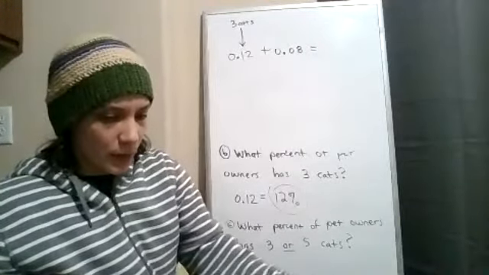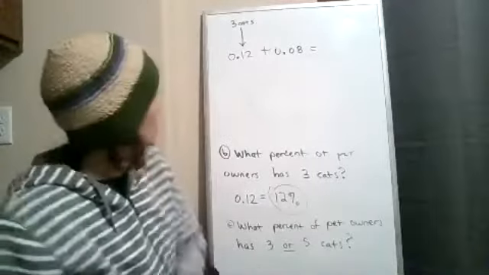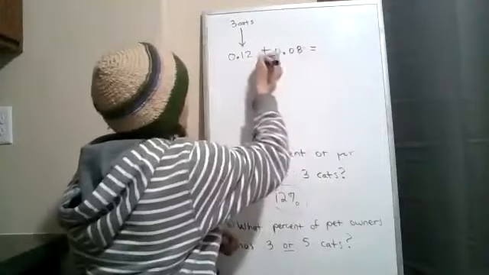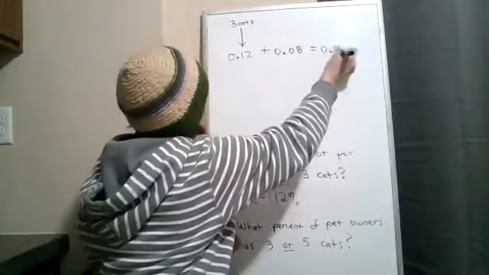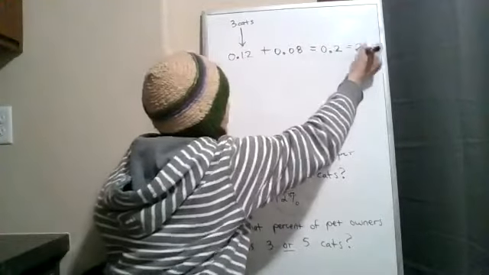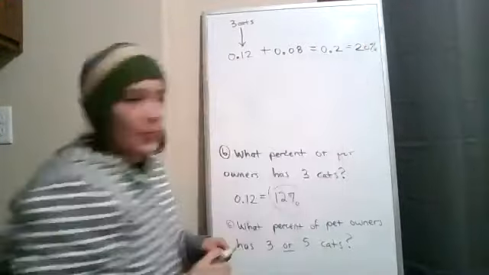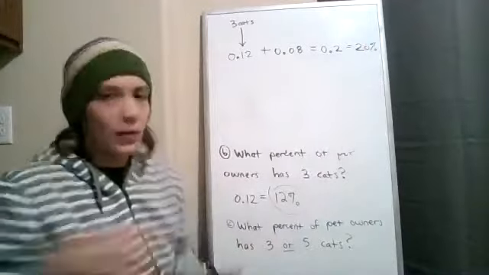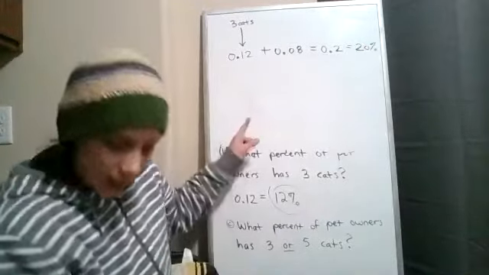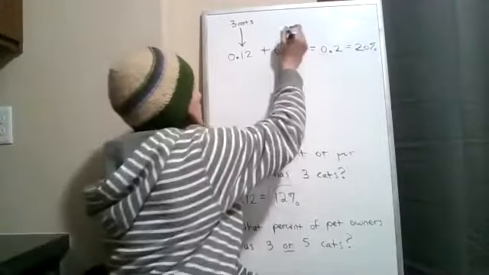So 0.2. Is that what you got? Oh, that's 3 cats. 5 cats.